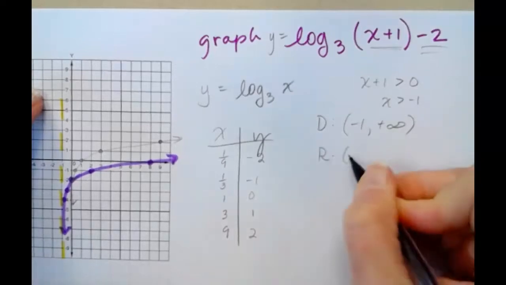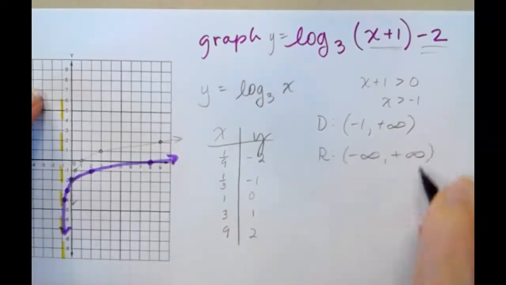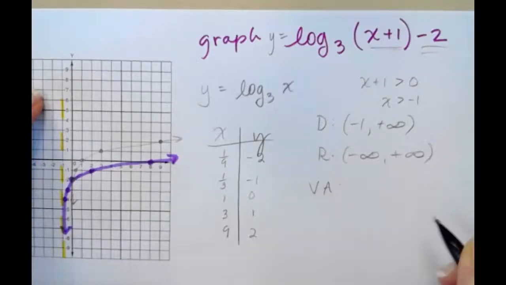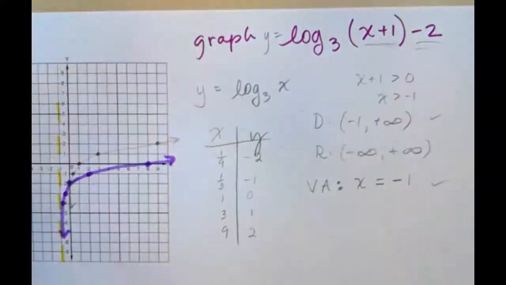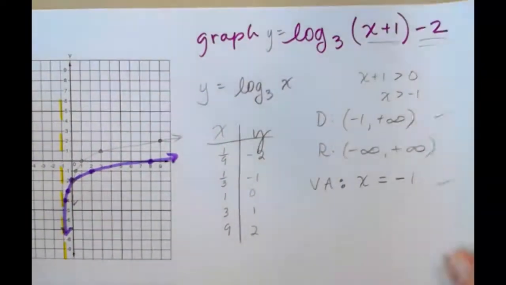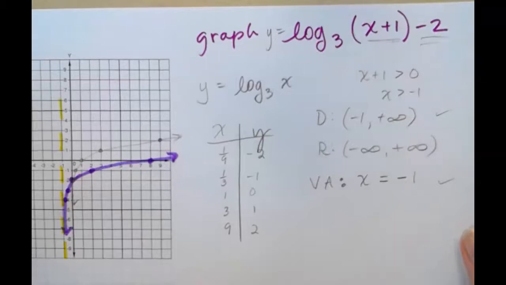Our range is all real numbers. And we have a vertical asymptote at x equals -1. Remember, the domain and the vertical asymptotes, they're BFF. They go together. Okay. We're done. Look at that.